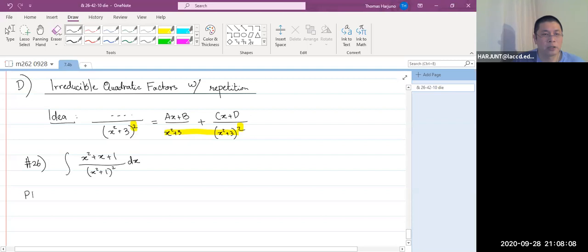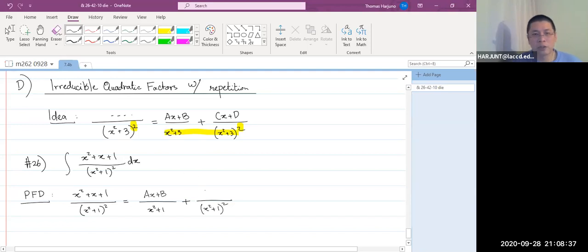So partial fraction decomposition: x squared plus x plus 1 over x squared plus 1 squared. We get x squared plus 1 here, we get x squared plus 1 squared here. And here I have ax plus b. The second fraction, because it's repetition, is cx plus d.